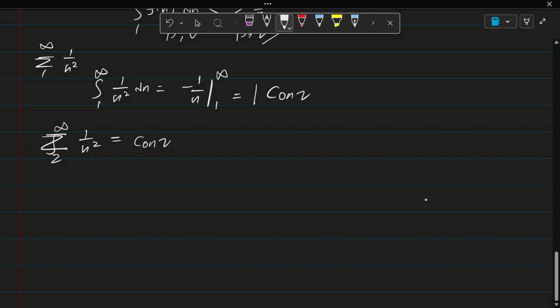So why does the sum from 2 to infinity give you an idea? Well, if you want to change this into 1, you could transform this into 1 plus the sum n equals 2 to infinity of 1 over n squared. It's the same idea. So this means that the sum of 1 over n squared is also convergent.